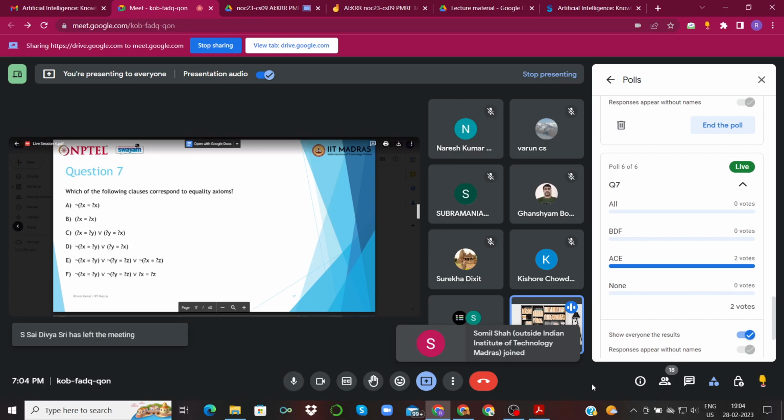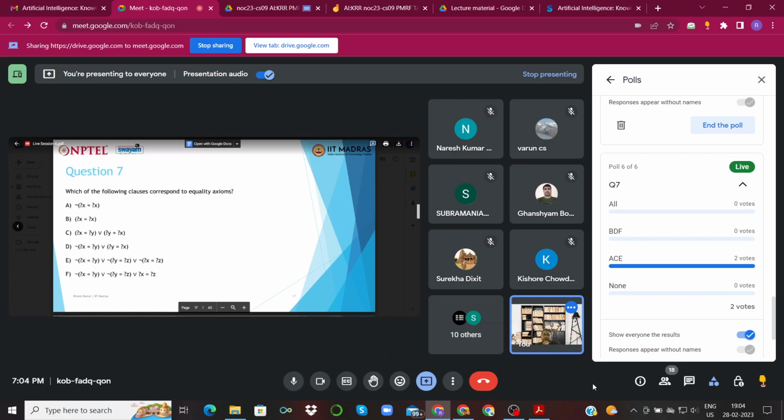Option B in fact does suit the reflexivity condition. So we discussed option A. Option A is not correct.